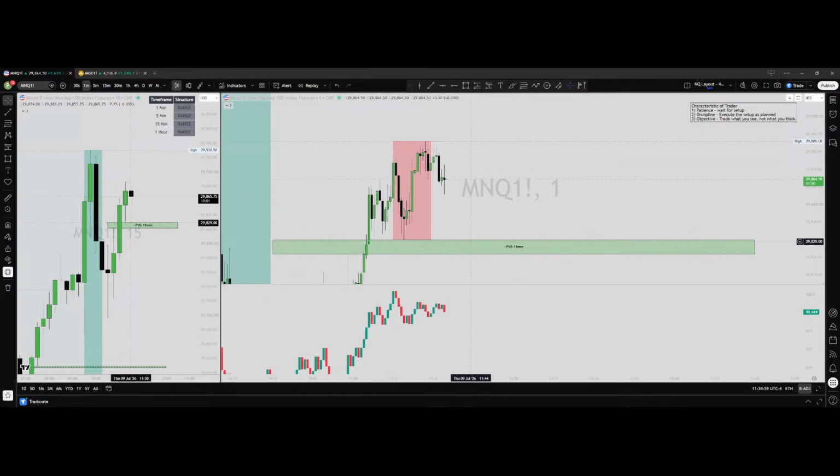Let's see if we can get this trade here on this 15-minute fair value gap.